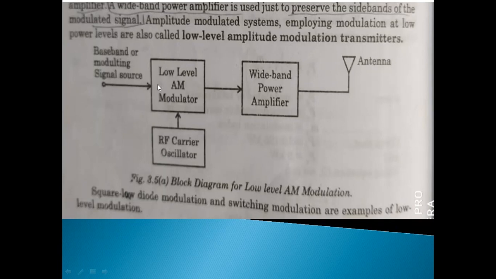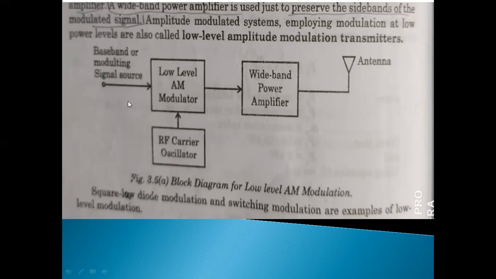Here the modulation takes place, and then the signal is given to the wideband power amplifier. From the wideband power amplifier, the signal is radiated through an antenna. So this is simply low level modulation.